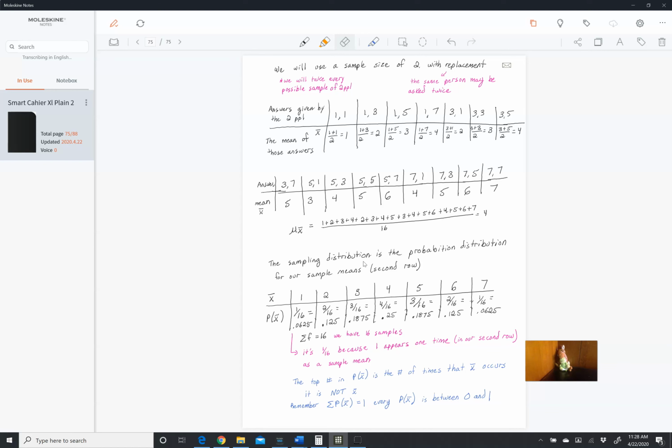What's important for you to see is that it does become symmetrical, and the more samples that we do, even if it's not symmetrical with a small number of samples, it becomes more and more symmetrical with a larger number of samples, okay, which we'll discuss in a minute. But so a couple of notes here, okay?